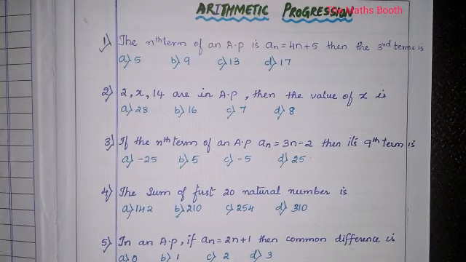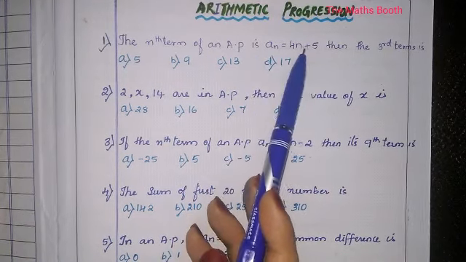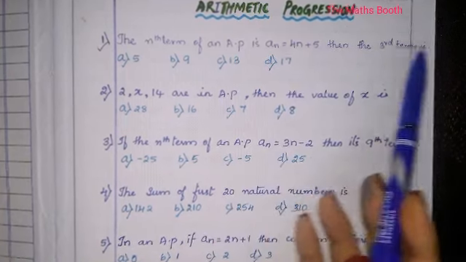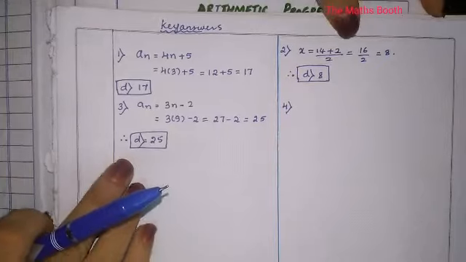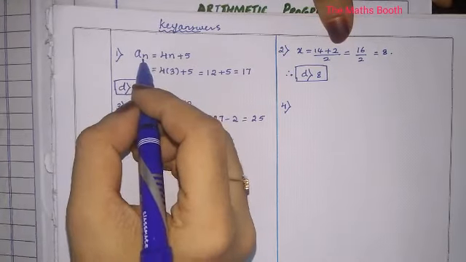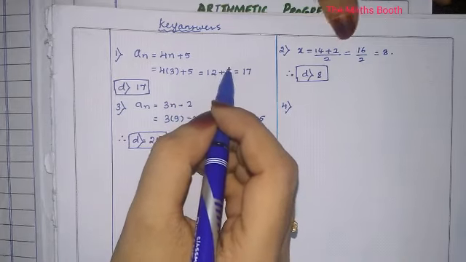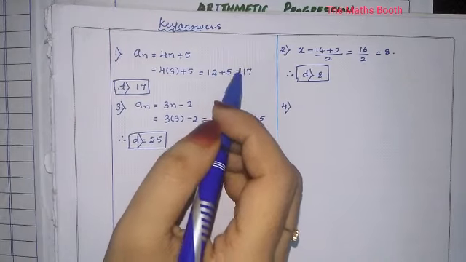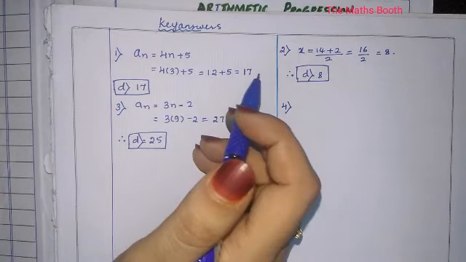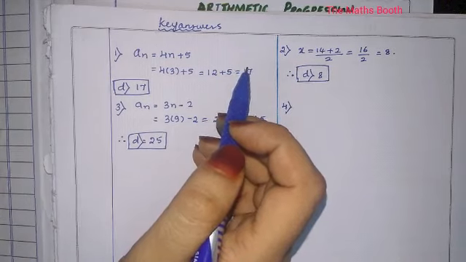So the first question is: the nth term of an AP is an equals 4n plus 5. Then the third term is. I have told in the previous video also, for the solution we should be very quick and find the short ways to find the answers, so that we should not waste much time.